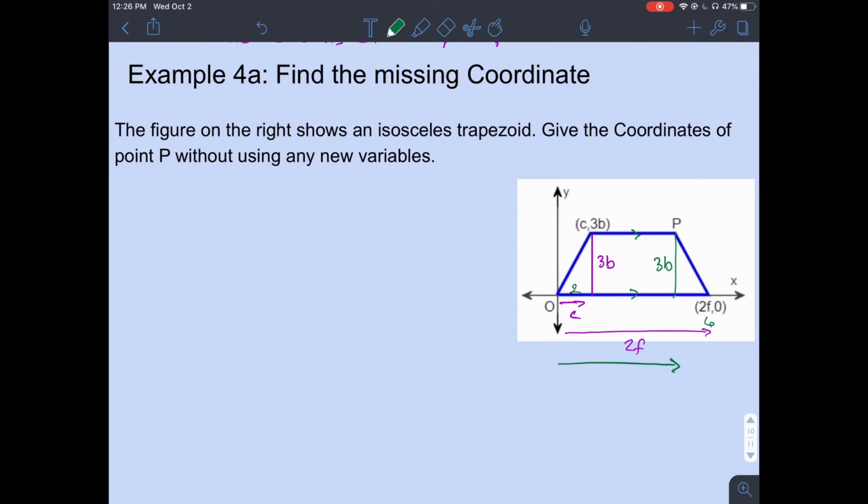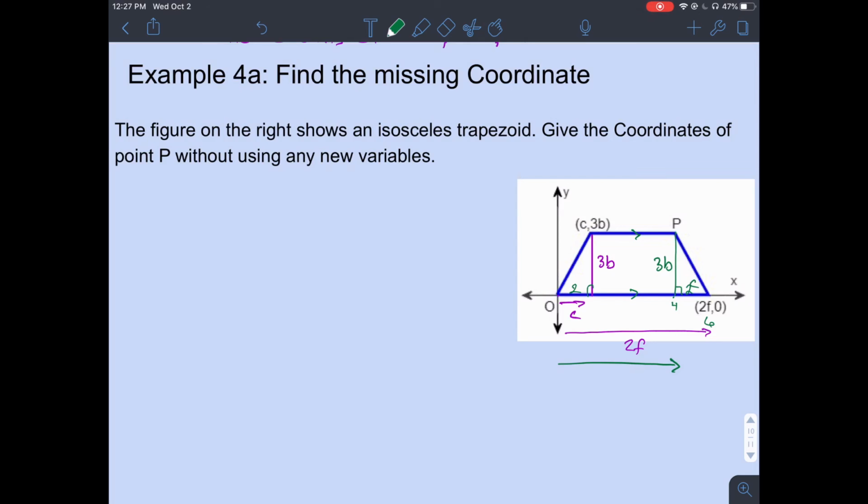If it's an isosceles trapezoid, that means this segment right here would also be the same, because these two sides are the same, and these would be right angles. So this distance right here would be the same as this. If this is 2, that means this is going to have to be C. So if I was going to find this, I would do 6 minus 2 to get 4.